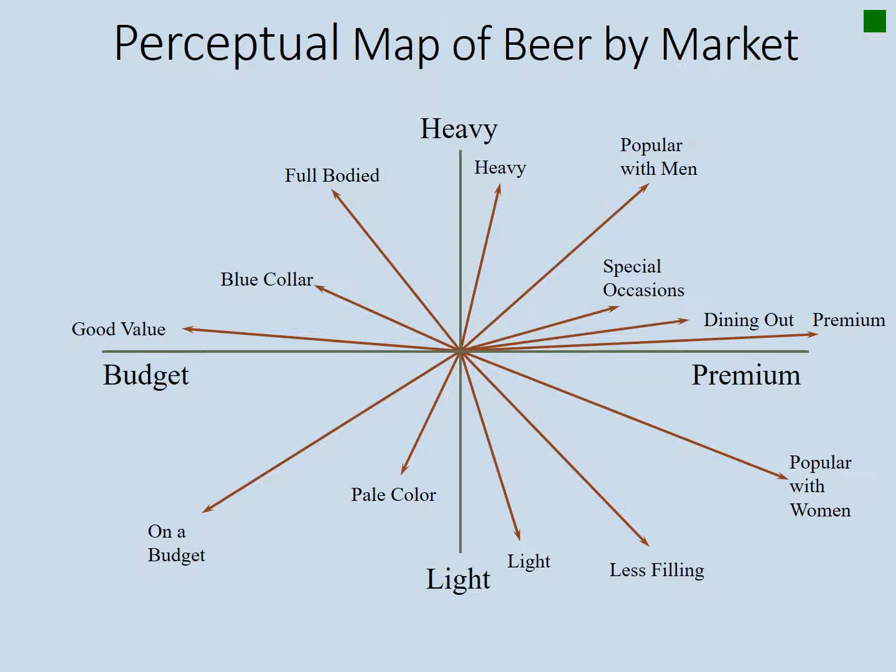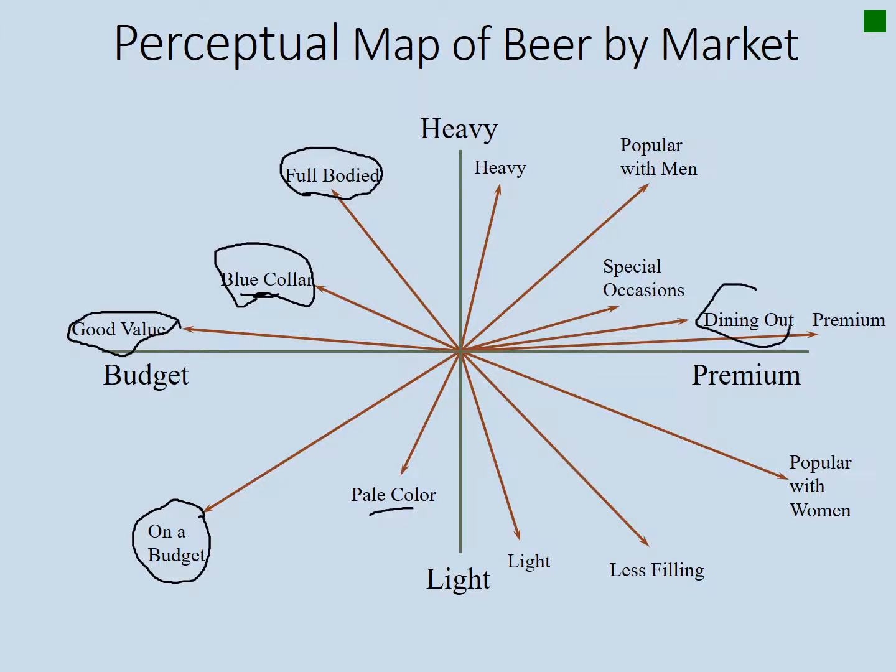And now we have these on the same axes that we had before. We have customers who desire a full-bodied beer. The blue-collar customers, however we've defined them, we probably looked at some psychographic features to define them. We have markets who want a good value in their beer. Maybe they're not necessarily needing high quality, they just want good value. People who are on a budget but who want a light beer. People who want pale colored beers, and so on.